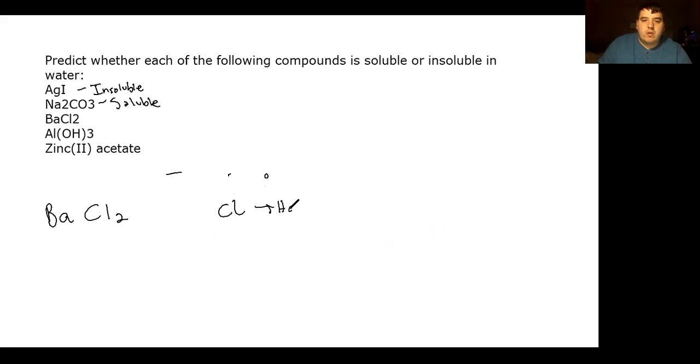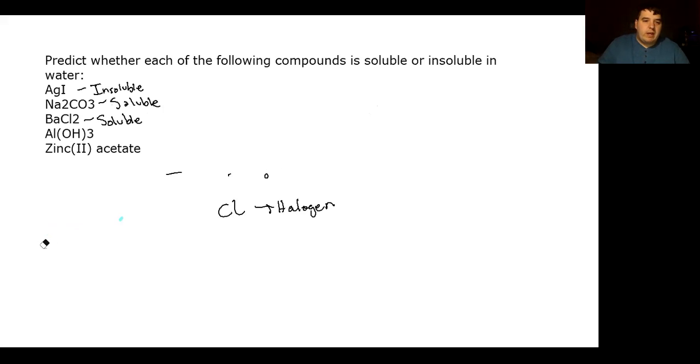And like we stated earlier, halogens are always going to be soluble with the exception of mercury, lead, or silver. And because we're not dealing with silver, lead, or mercury here, we can agree that this is a soluble compound, because barium is not going to affect the solubility of this compound.